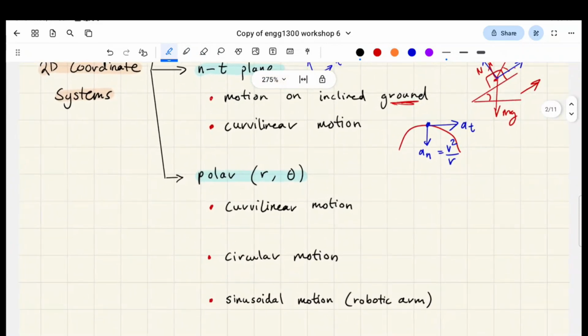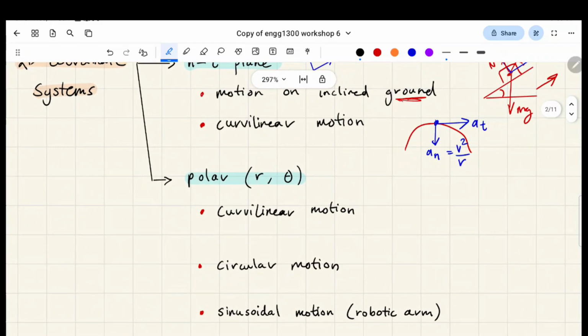And lastly, we have polar coordinates. Polar coordinates are probably the least intuitive because we're not operating necessarily on a grid like this. Before, we were talking about x, y, and something like this for tangential and normal, which would just be like a rotated xy plane, right?